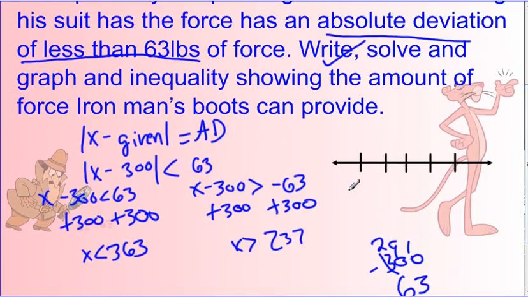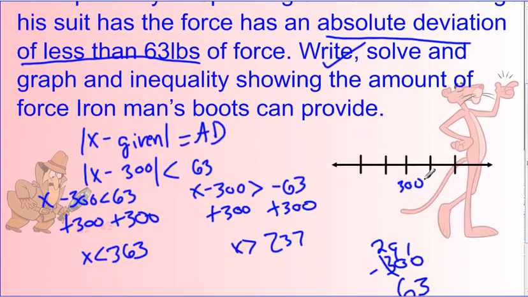So now we can graph it. We're going to put the 300 in the middle here because that's kind of like the normal range. And we can put, how about 350, 400, 250, 200. So we're counting by 50s here. 363 would be there, and 237 would be there.